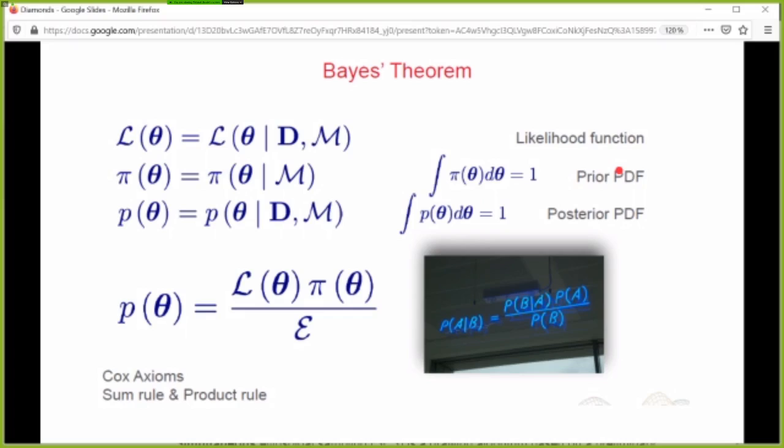And the whole purpose of Bayesian statistics is to correct this first guess, this first a priori, and to get what we call the posterior probability density function, which takes into account the data set. So as an output, we get this posterior PDF, which will give a new value for the probability that a given set of theta parameters will get the best fit of a model for the data.